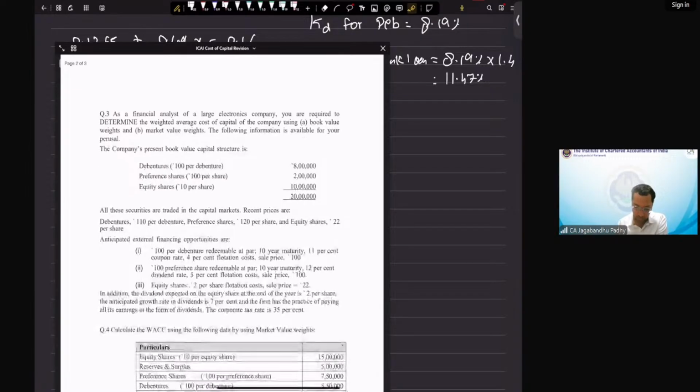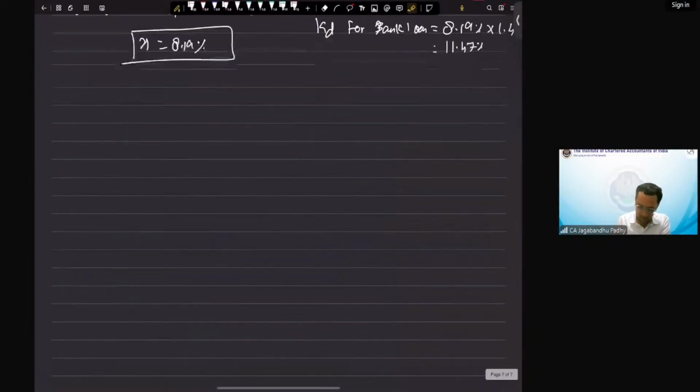So here we have the third question. Let me just ask you simple numbers for this. Tell me, what's the cost of debt that you're getting?